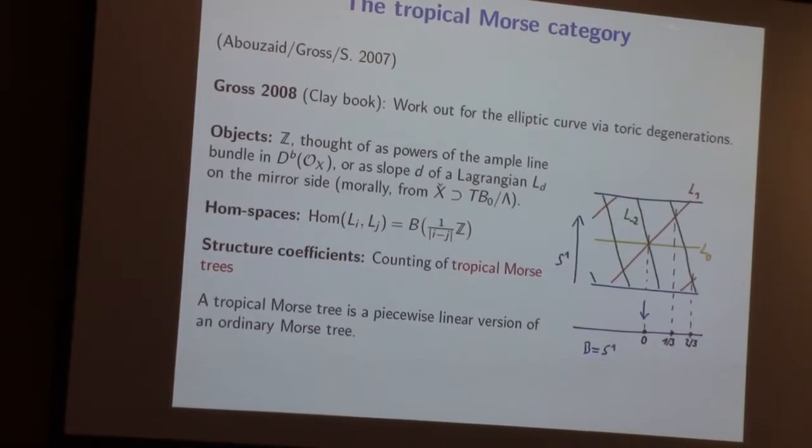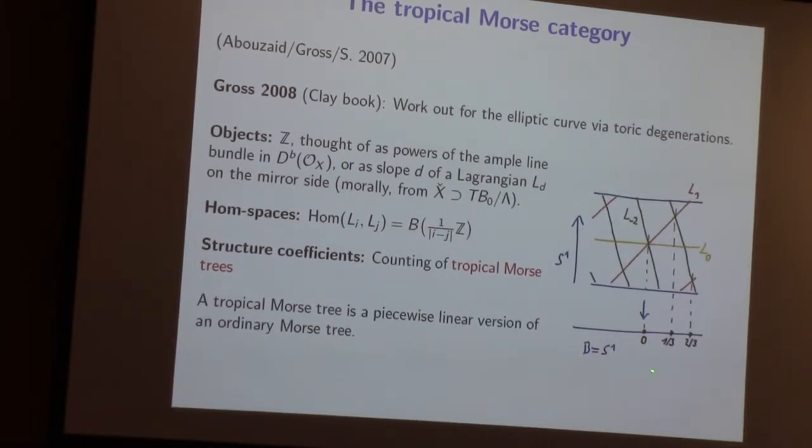So what is this? It's a typical, purely cohomological object, if you want, an F1 geometry object, the tropical Morse category. The objects are just the integers. And you should think of these as powers of the ample line bundle in the Fukaya category, or on the mirror side, a slope of a Lagrangian section.